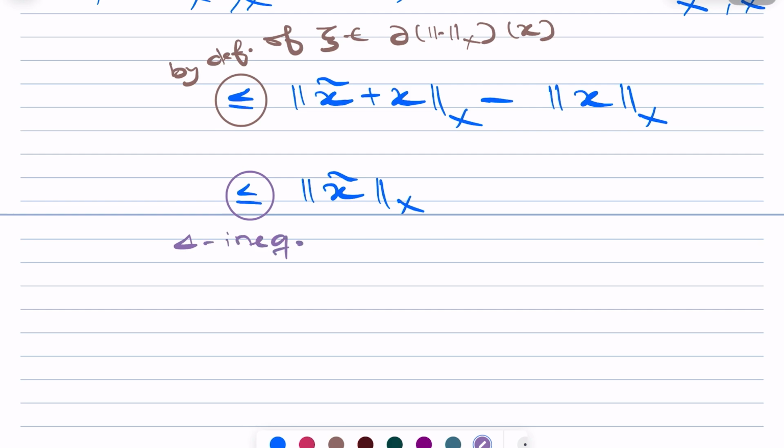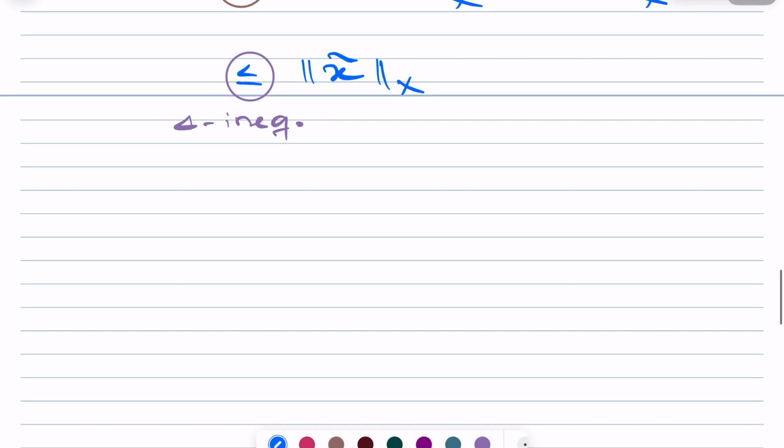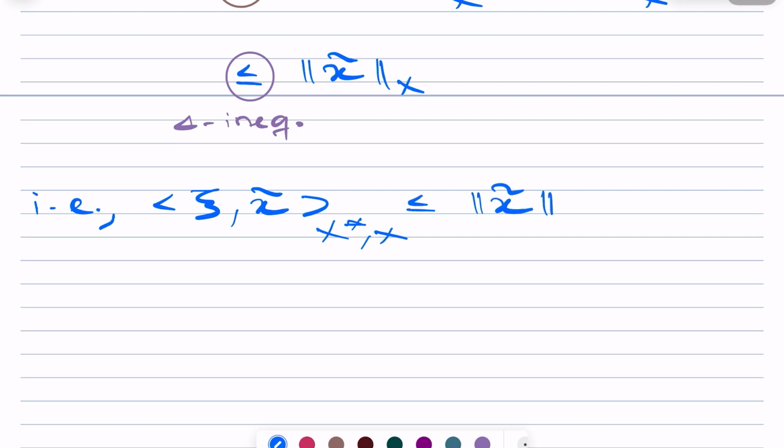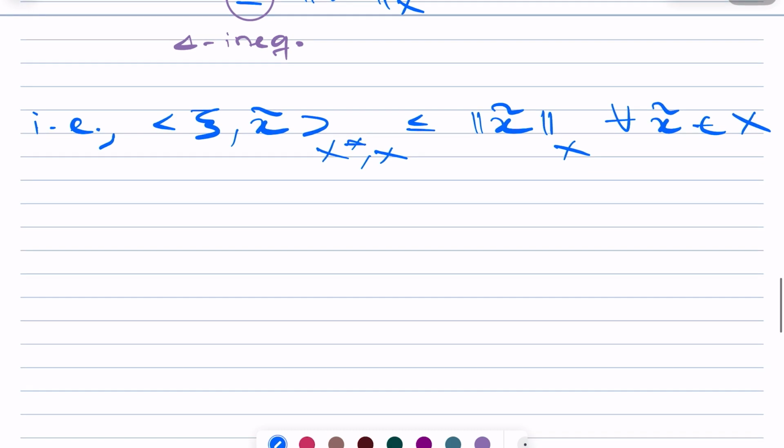Okay, so this means that this duality pairing of x tilde with xi applied to x tilde is less or equal than the norm of x tilde in x, and this holds for every x tilde in x. So this means that the operator norm of xi is less or equal than 1.